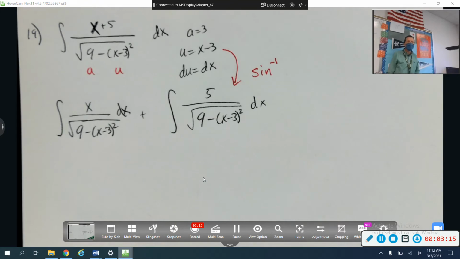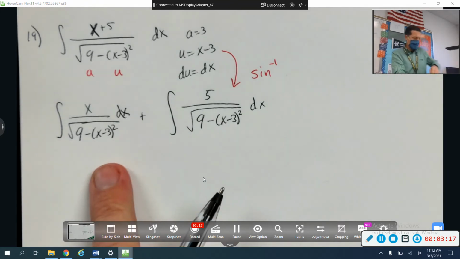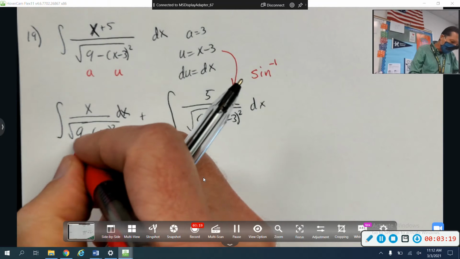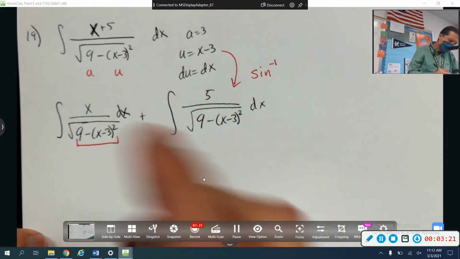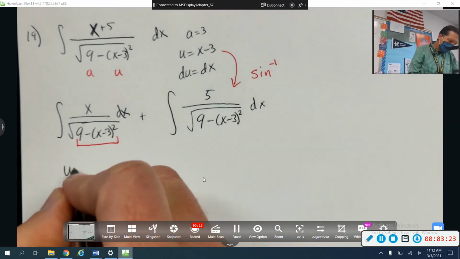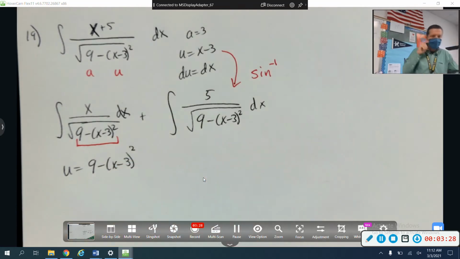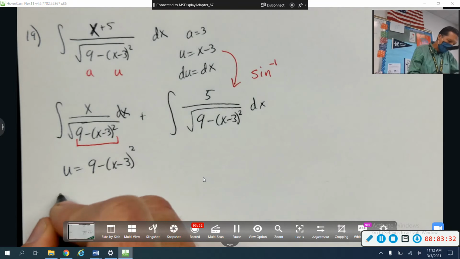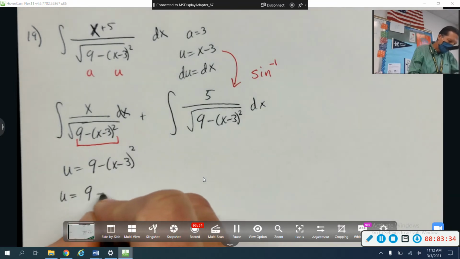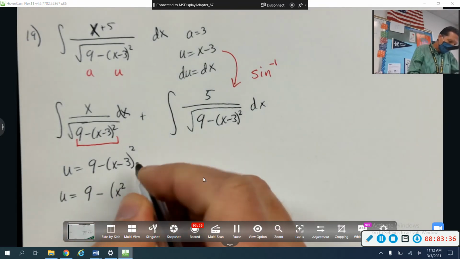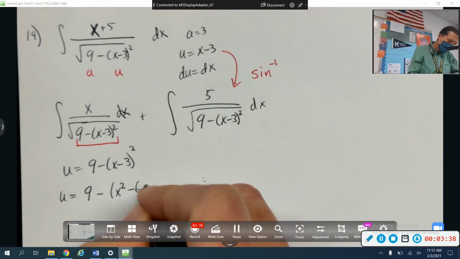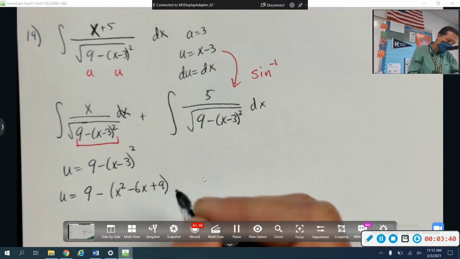So now I'm worried about this first one. Because if I let u be all of this, 9 minus x minus 3 squared. Let's see what happens here. Because we're going to need du in the top. X squared minus 6x plus 9.